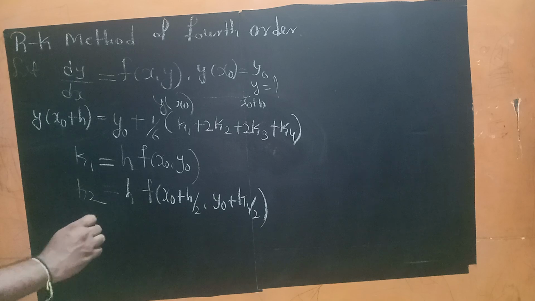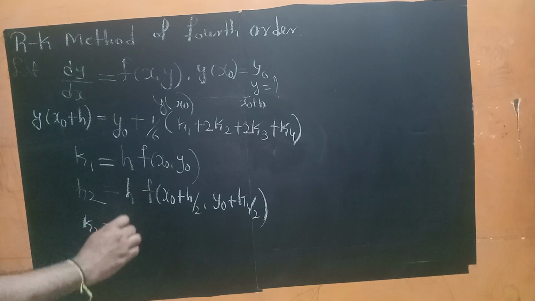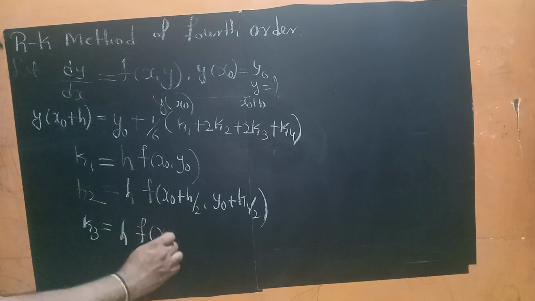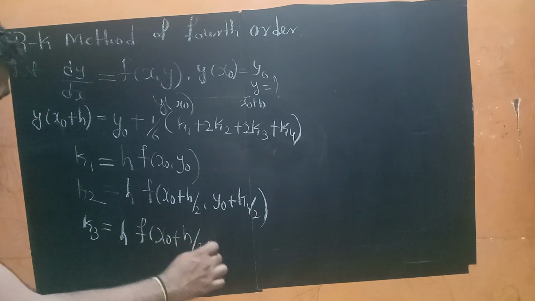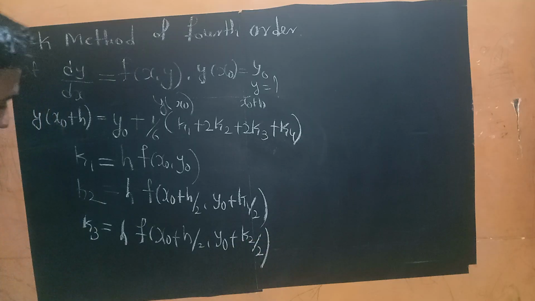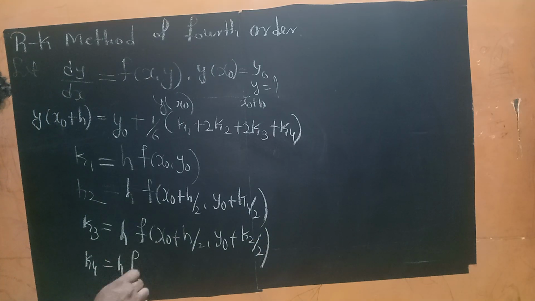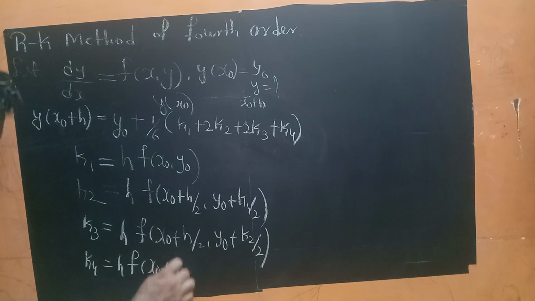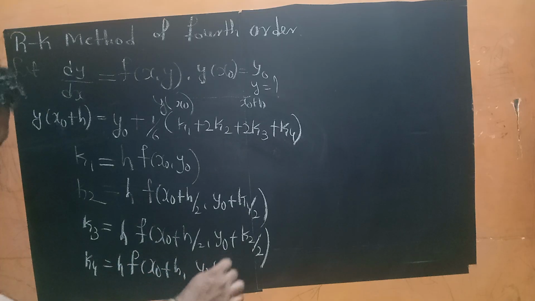And if I want to find out k3, k3 is h into f of x naught plus h by 2 comma y naught plus k2 by 2. Then k4, that is h into f of x naught plus h comma y naught plus k3.